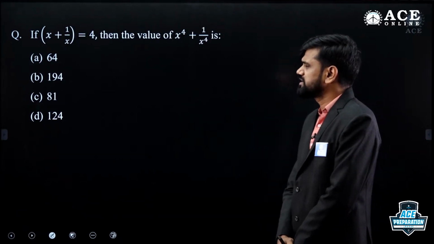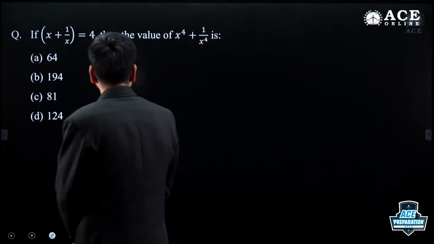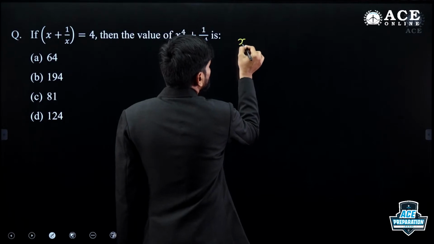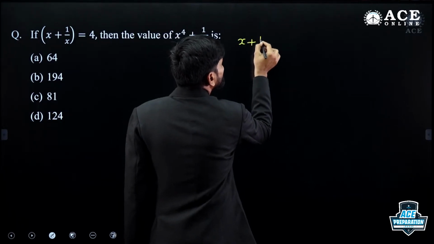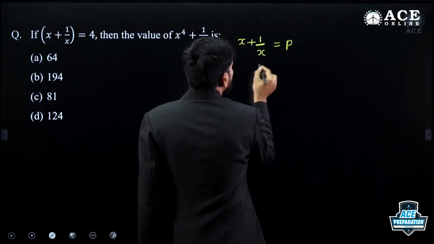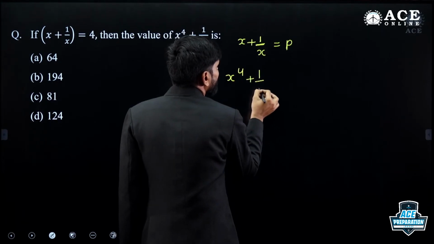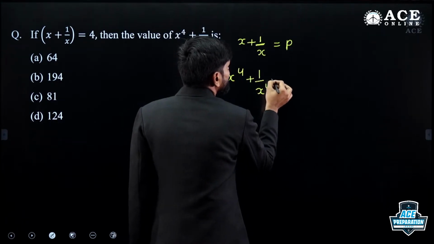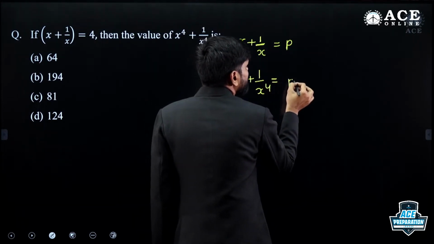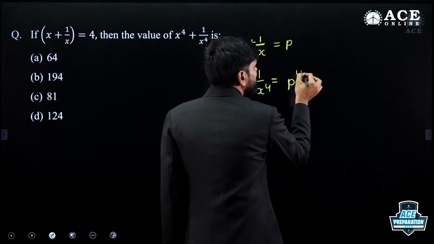Okay, dear. It is given as x plus 1 by x is 4, then the value of x power 4 plus 1 by x power 4. If you remember the formula, I am just writing it every time. x plus 1 by x equal to p, then x power 4 plus 1 by x power 4 should be equal to p power 4.